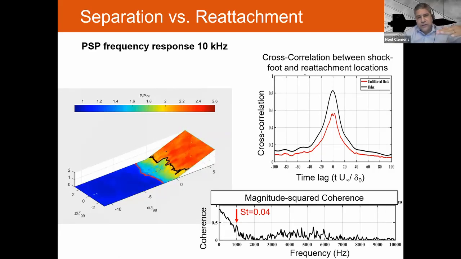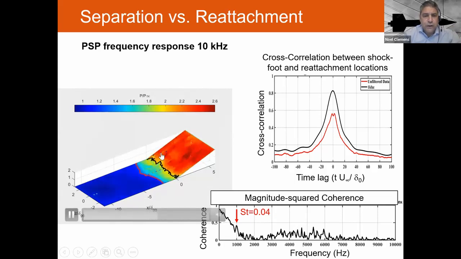The streamline curvature of the separated flow induces this centrifugal instability, these Görtler vortices, that then interact in a way that, in Pino Martin's view, will lead to the low frequency unsteadiness.